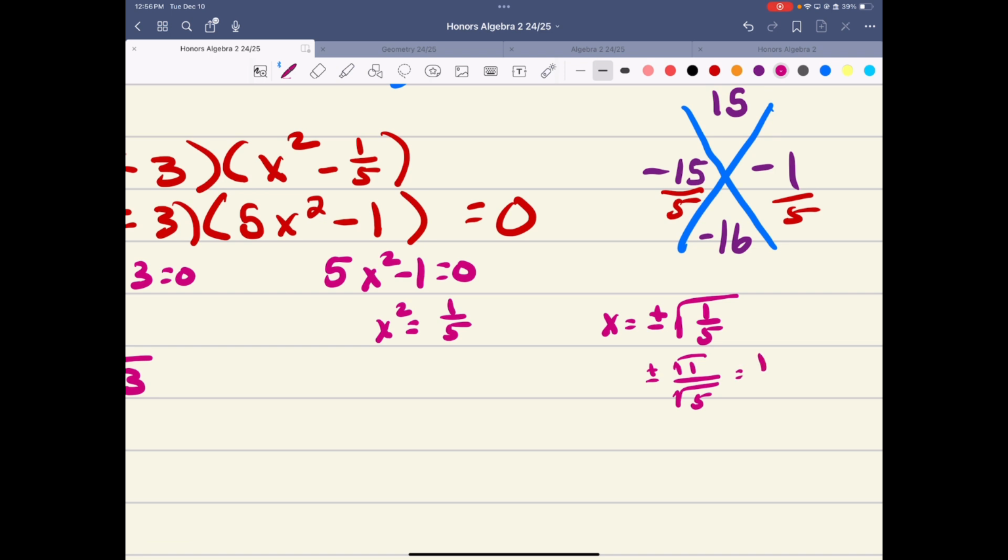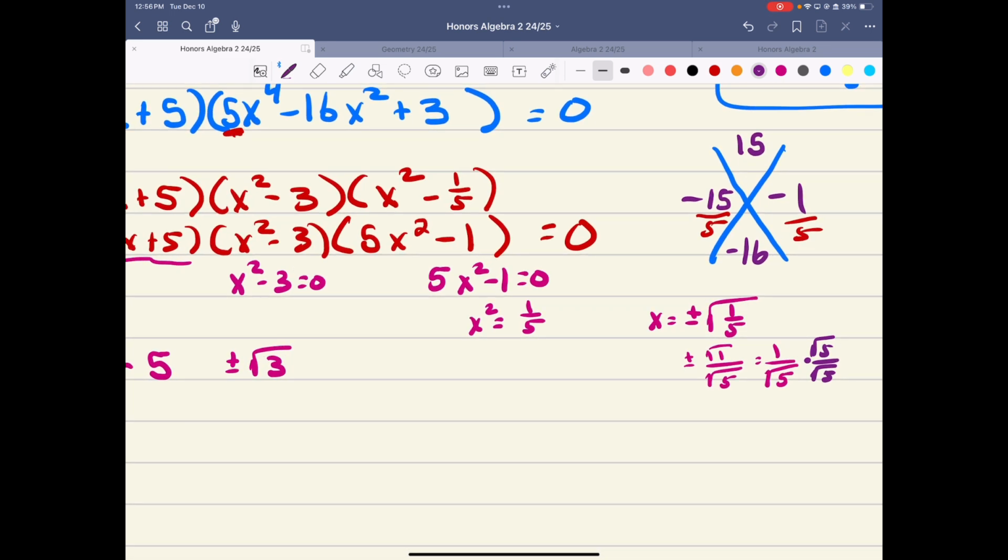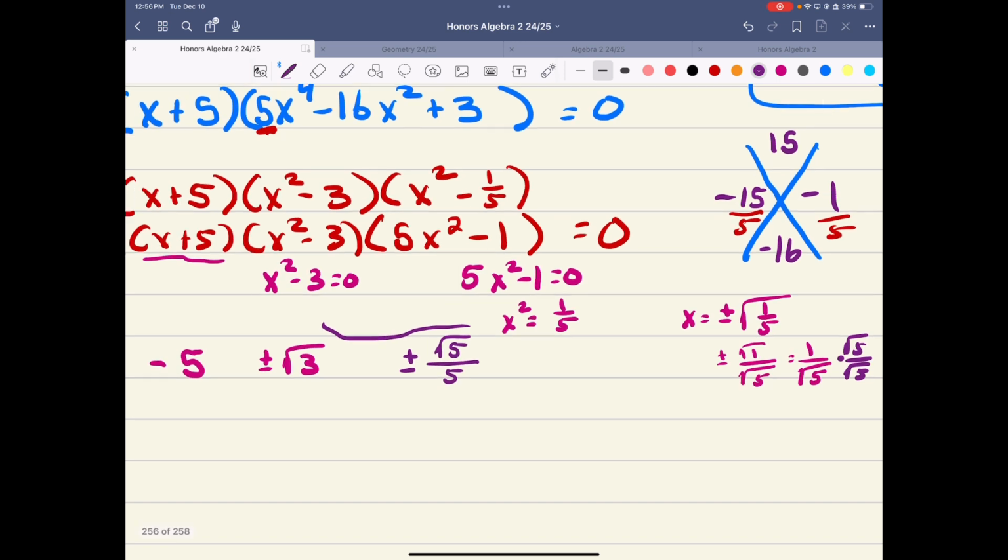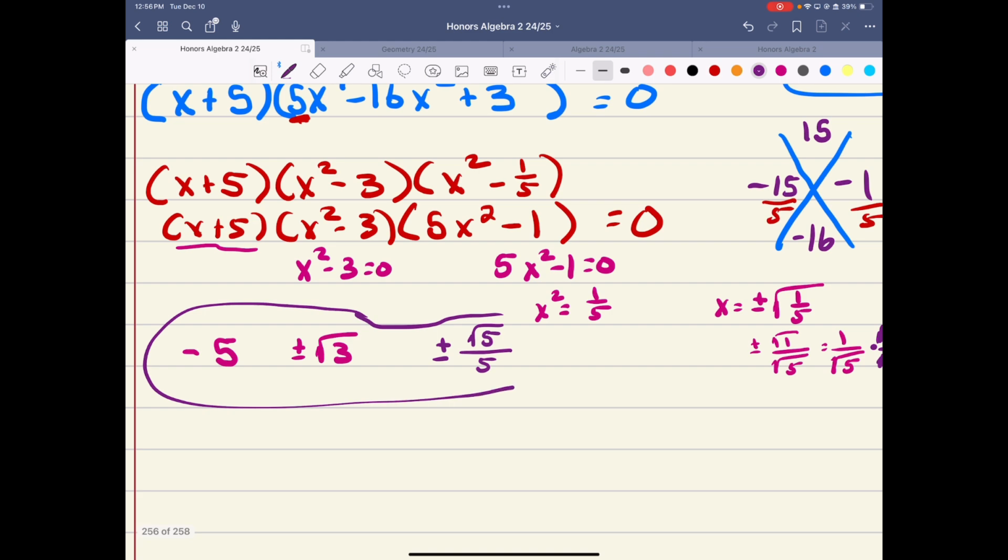The square root of 1 is 1, so we have 1 over the square root of 5. Can't have that. What do I have to multiply both the numerator and the denominator by? Radical 5. So 1 times radical 5, and this is plus or minus, so 1 times radical 5 is radical 5 over radical 25, which is just 5. So there are my zeros.